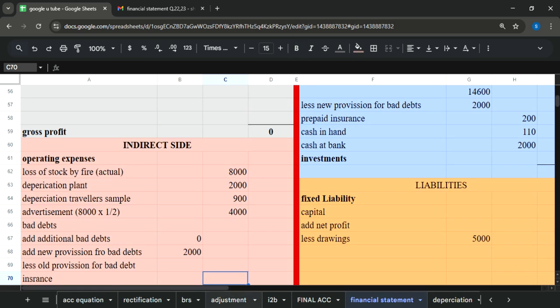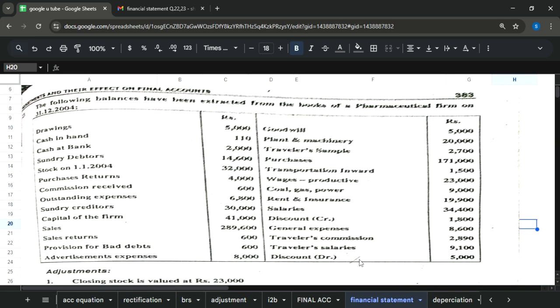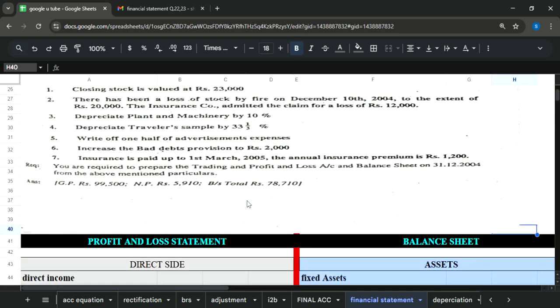And here in current liabilities, you will mention outstanding expenses. The amount of outstanding expenses is 6800. Just write it down in front of outstanding expenses.